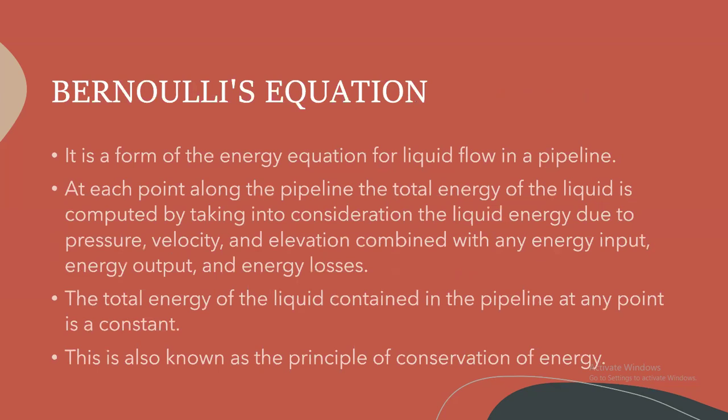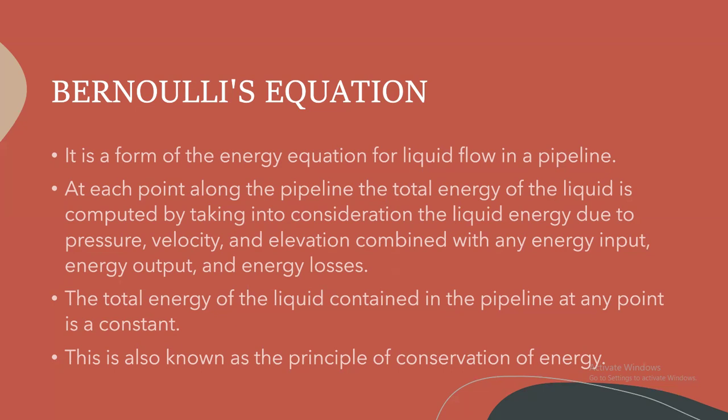Bernoulli's equation. It is a form of the energy equation for liquid flow in a pipe. At each point along the pipeline, the total energy of the liquid is computed by taking into consideration the liquid energy due to pressure, velocity, and elevation combined with any energy input, for example, if you're pumping your liquid, energy output and energy losses.